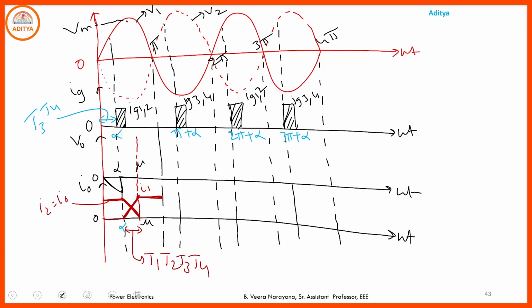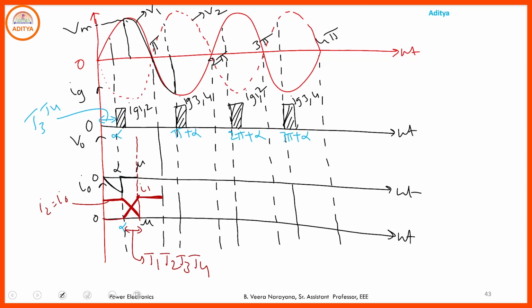Due to that, as long as the overlap angle is present, all these devices are in the on state, so the output voltage is 0. And at alpha plus mu, T1, T2 come to the on state. Then the output voltage simply follows from alpha plus mu to pi plus alpha.